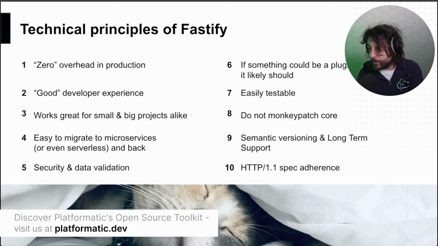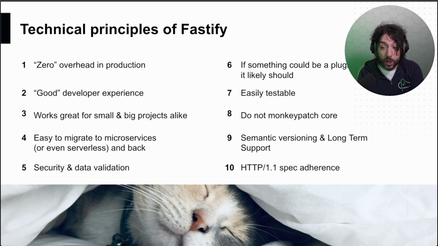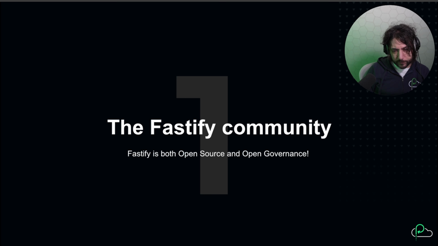Express monkey patches some of Node's core objects to do its job, which makes it very hard for Node core to maintain and not break. Also, it has semantic versioning, a long-term support policy, and very strict HTTP spec support.